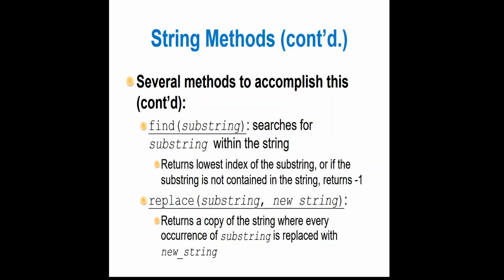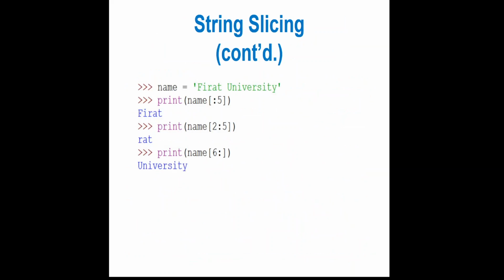We can also use find to search whether the substring is available in the string or not. If it is available, it will return to us the index where it is available, the lowest index. What does it mean? Now I may search for a string within a string. Let me just go to this example here quickly.